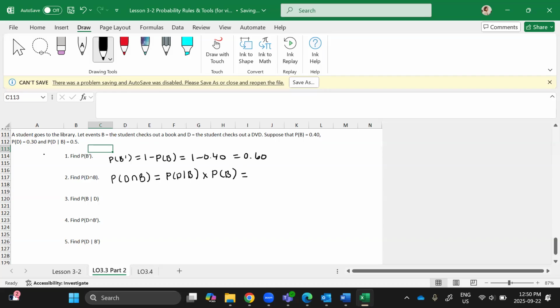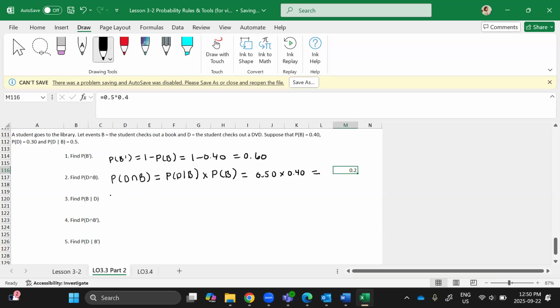We're given these numbers in the question. Probability of DVD given book is 50%. Probability of book is 40%. If you use Excel to calculate that, 0.5 times 0.4 will be 20%, or 0.2.